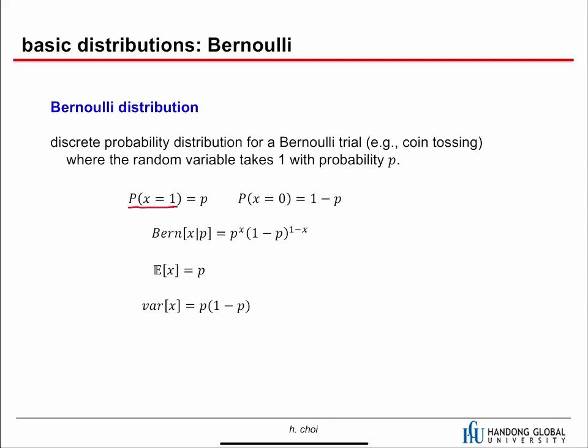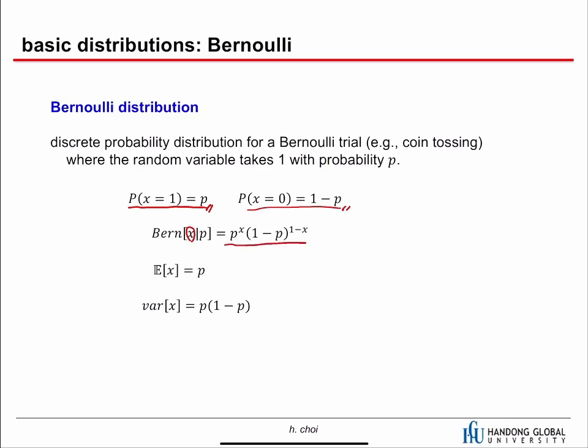The probability that the result is head is P, and the probability that the result is tail is 1 minus P. The probability of X, which could be head or tail, is defined by this.